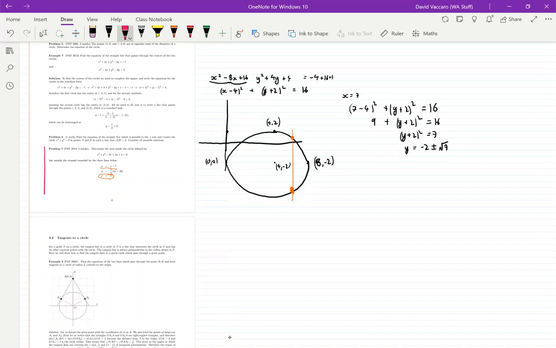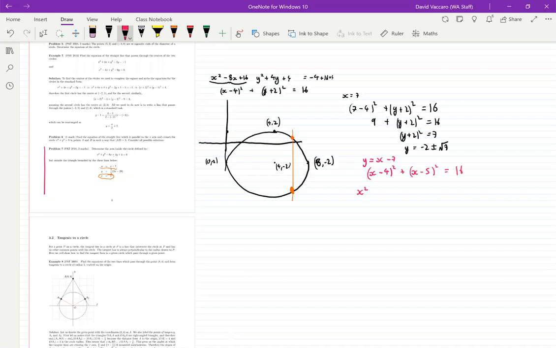So if I put y equals x subtract 7, I get x subtract 4 squared plus x subtract 5 squared is equal to 16.